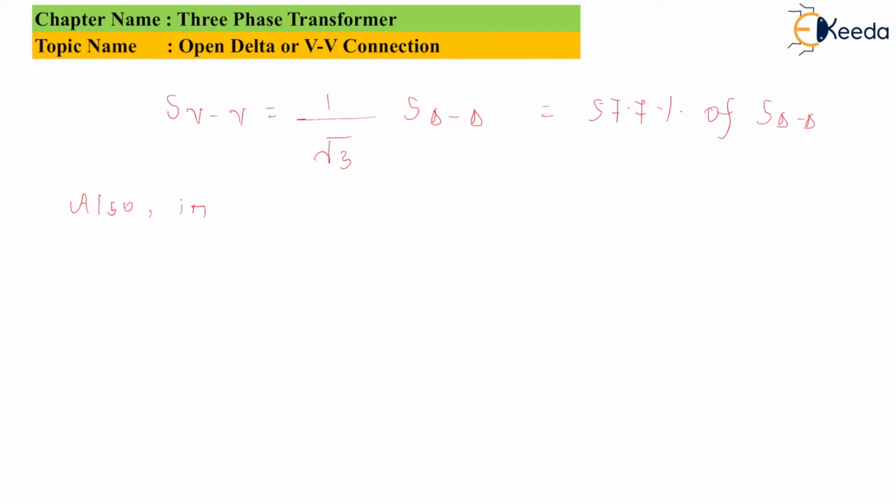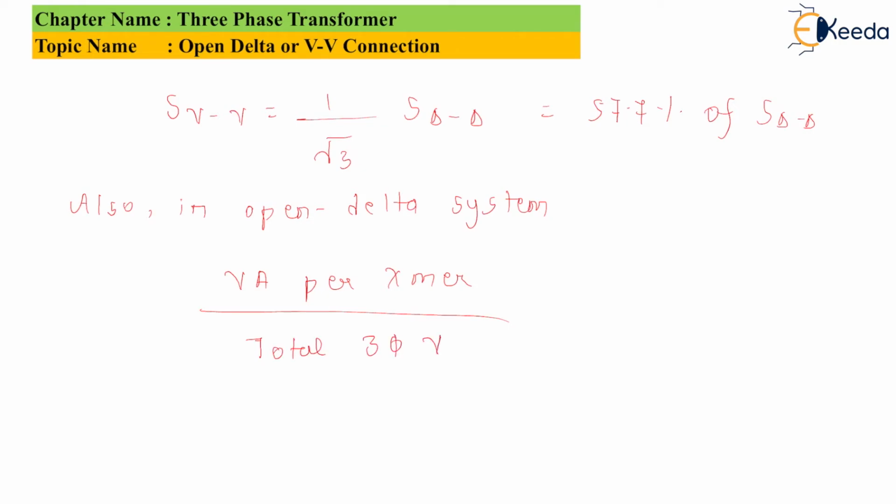Also, if we consider the open delta system and take the ratio of VA per transformer to the total 3-phase kVA, then we can write V2B multiplied by I2B divided by root 3 V2B into I2B, and that is nothing but 1 by root 3, which is equal to 0.577.